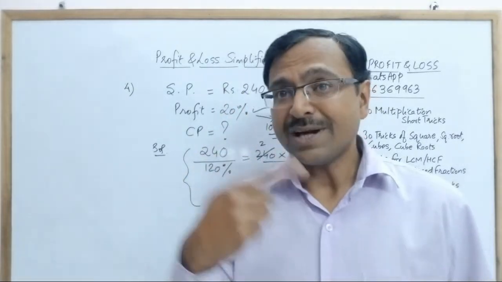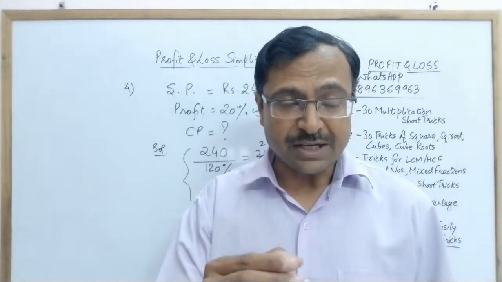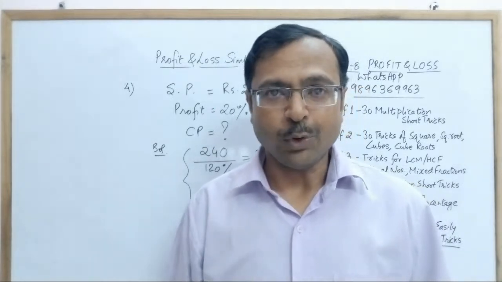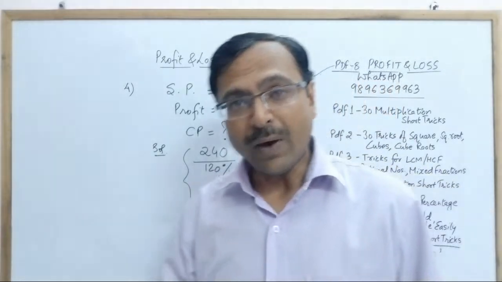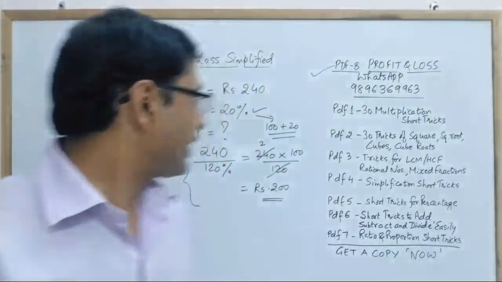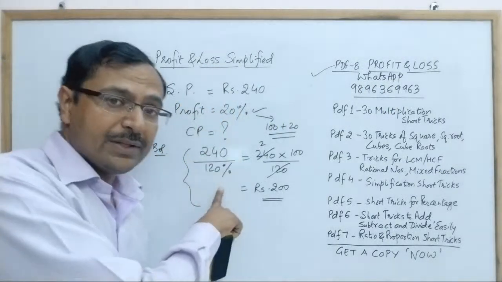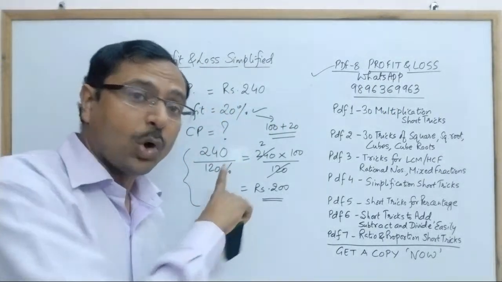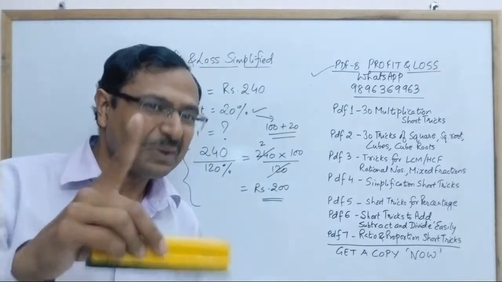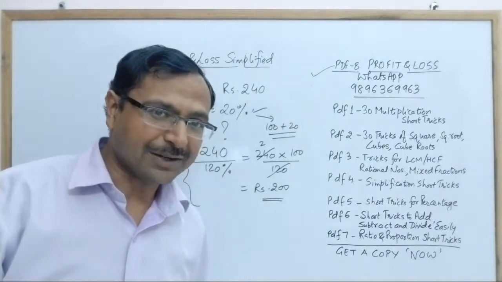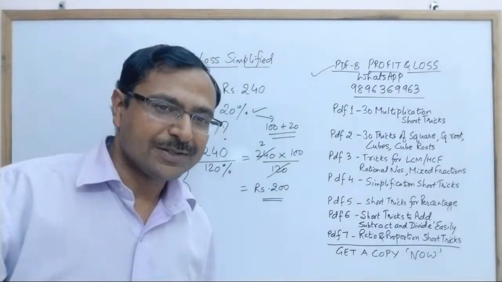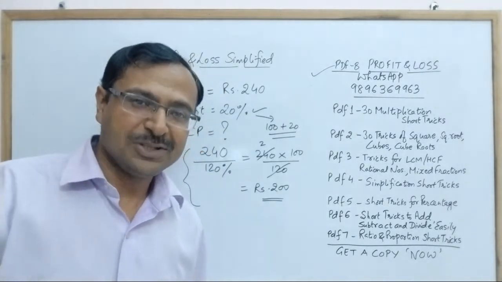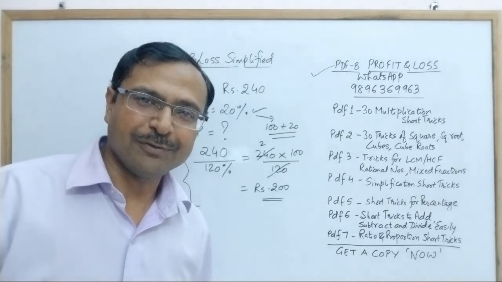Which concept you are starting to use in starting to solve a question? That is very important. And what concept should you get here is to divide the given selling price with 100 plus profit percent or 100 minus loss percent. Loss percent is always subtracted from 100 and profit percent is always added to 100. It is a guru mantra, friends. Everybody needs to be aware of that particular mantra of profit and loss.